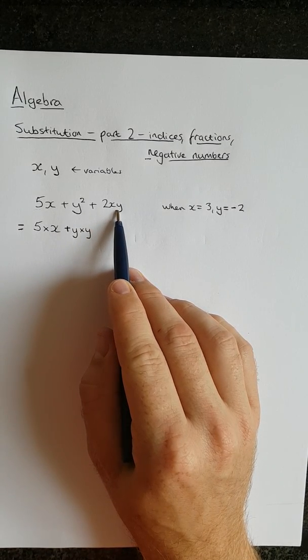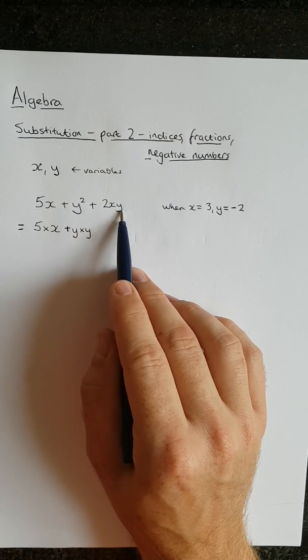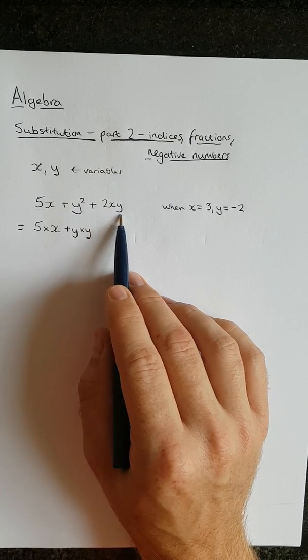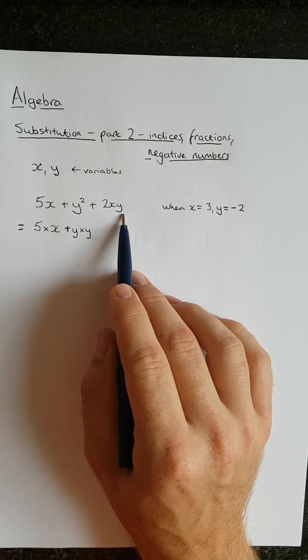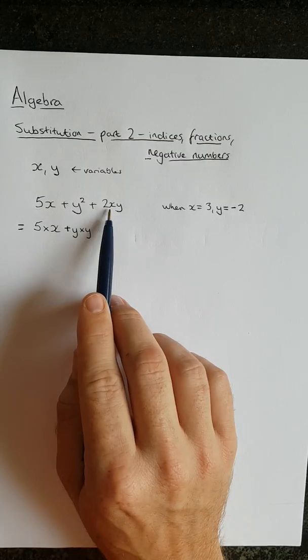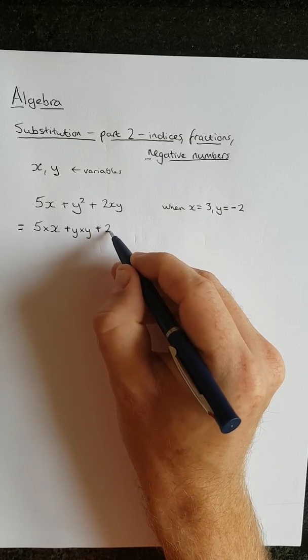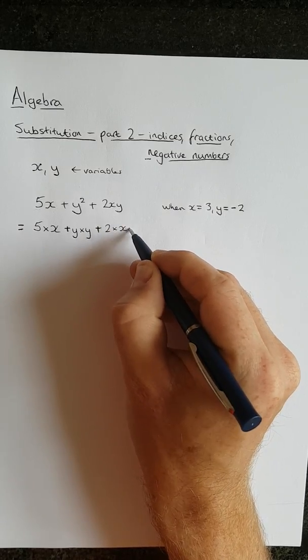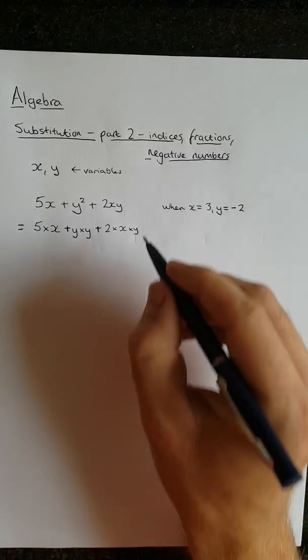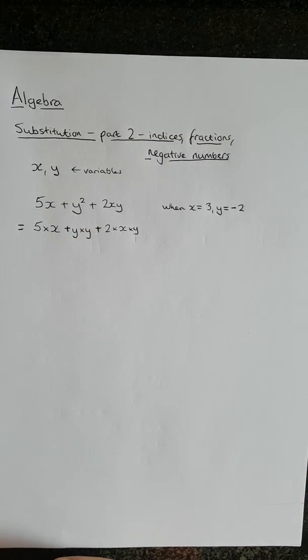2xy? Well, remember, we don't often write a certain symbol in algebra. We don't write the multiply symbol because it looks too much like our friend x. So, 2 times x times y is the meaning of the last one.